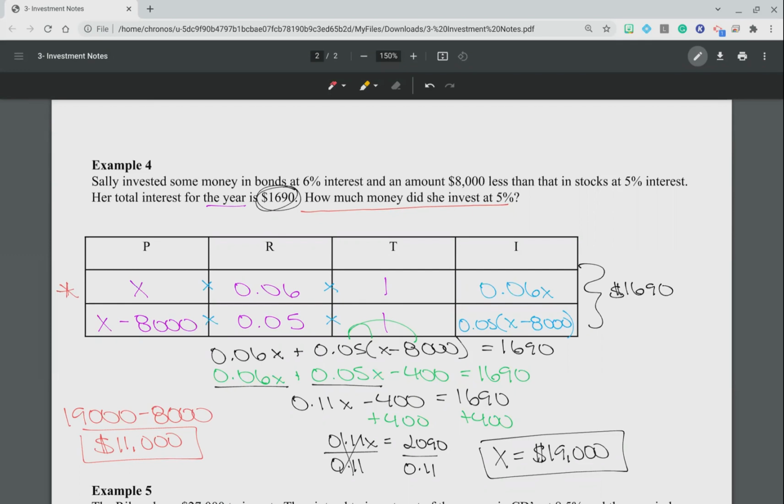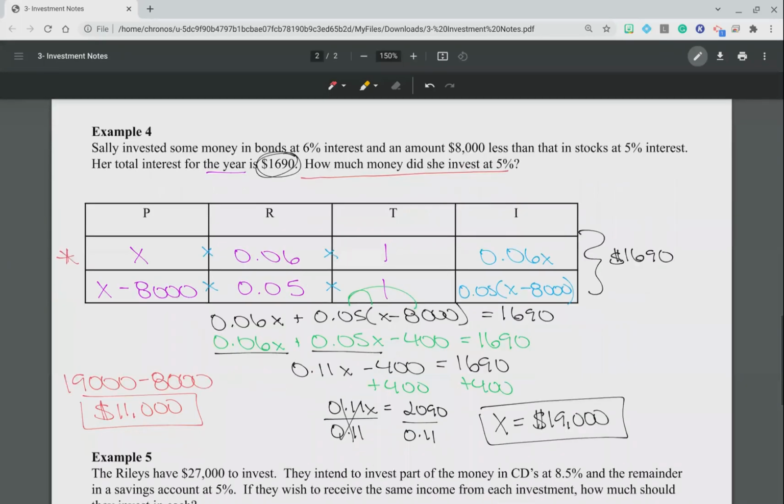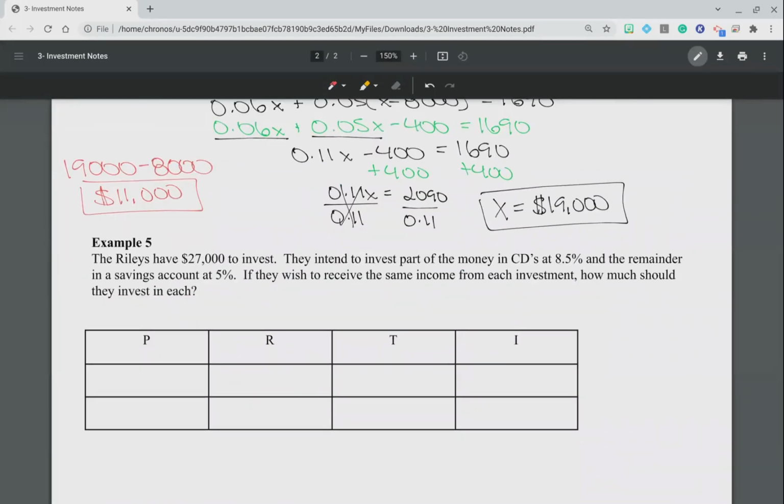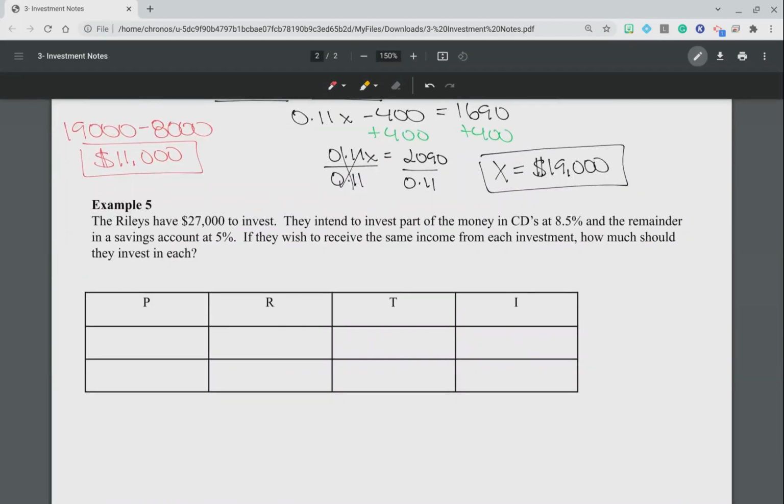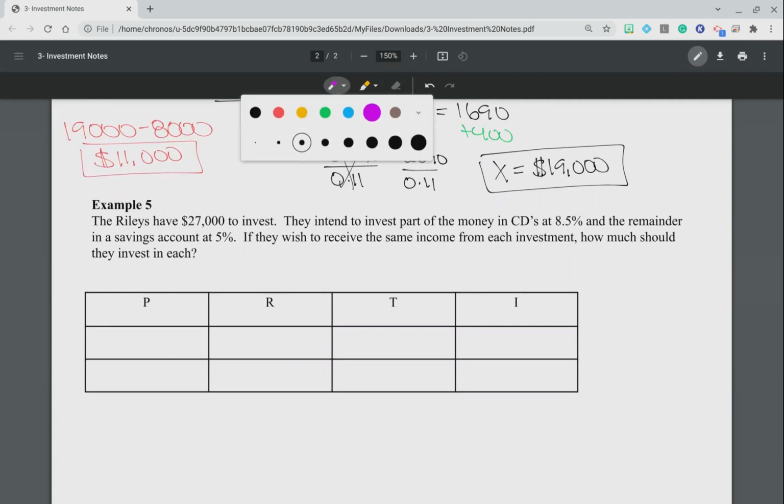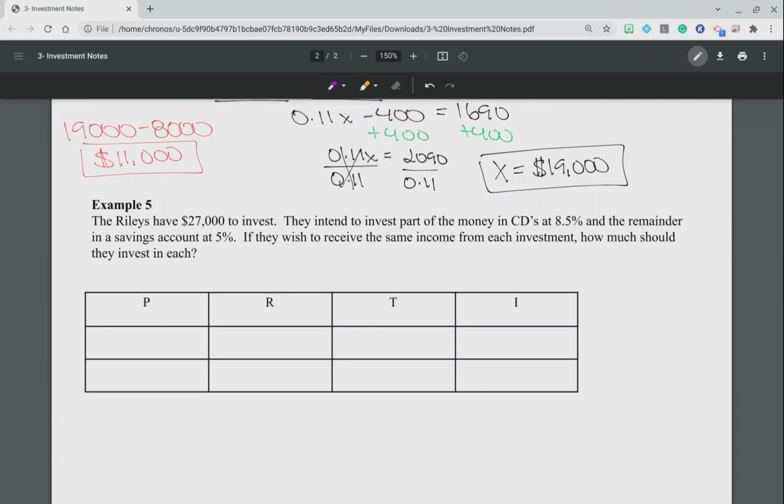Okay, let's try one more example together. The Rileys have $27,000 to invest. They intend to invest part of the money in CDs at 8.5% and the remainder in a savings account at 5%.